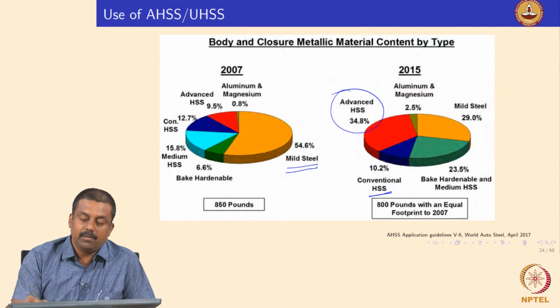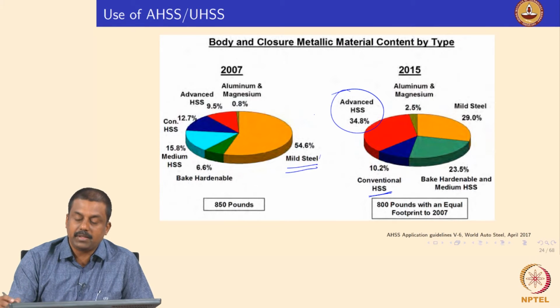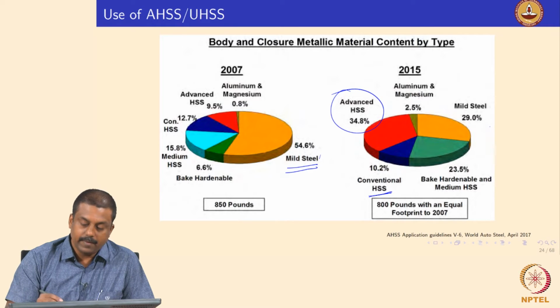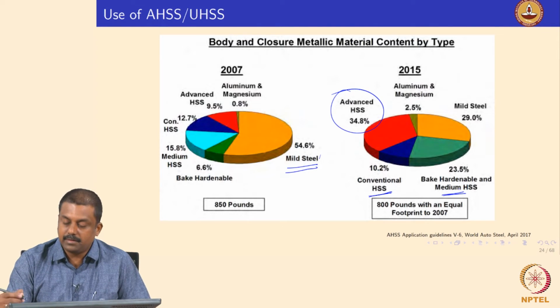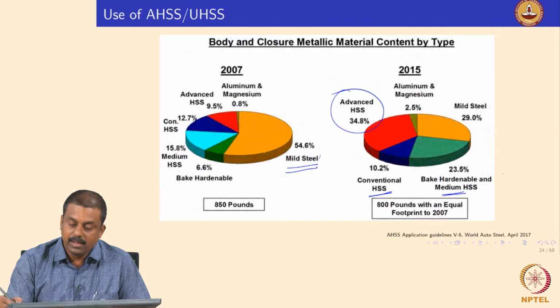So you already see over 7 years or so in the last decades, the majority of mild steels are all replaced with advanced AHSS steels. The use of mild steel is significantly reduced, and you still have, for low load bearing structures, bake-hardenable and interstitial free IF steels, interstitial free high strength steels.